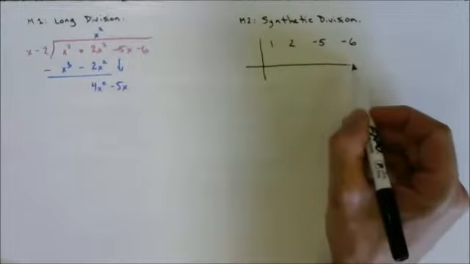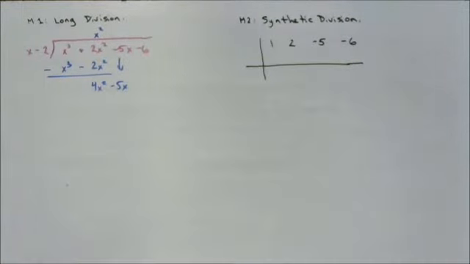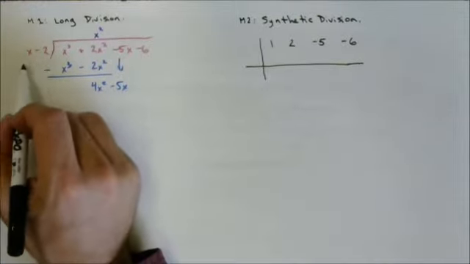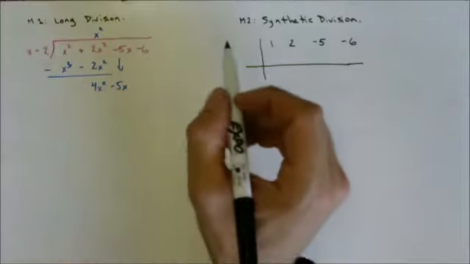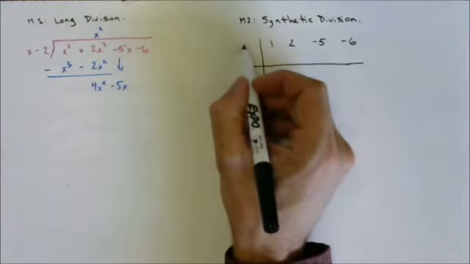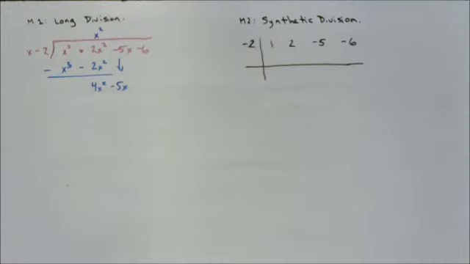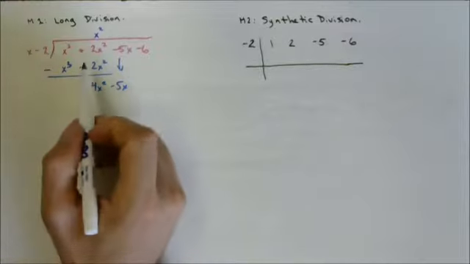Notice I left myself quite a bit of space in between, just so I'd have space to show you what we're doing. Now, the factor that we're dividing by is x minus 2. So what I do here over on the left is we're just going to write 2. All right? So essentially we have taken the factors of x out of the situation, and we can do that because look at what happens in the long division side to all of those factors of x.